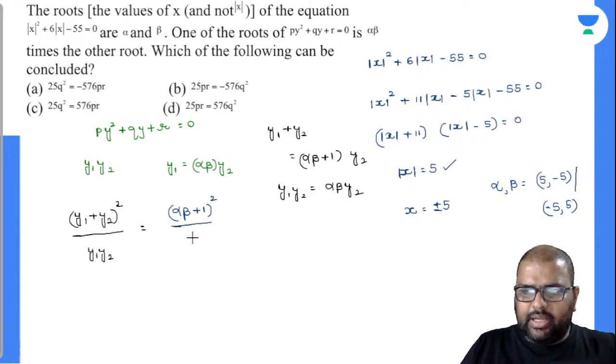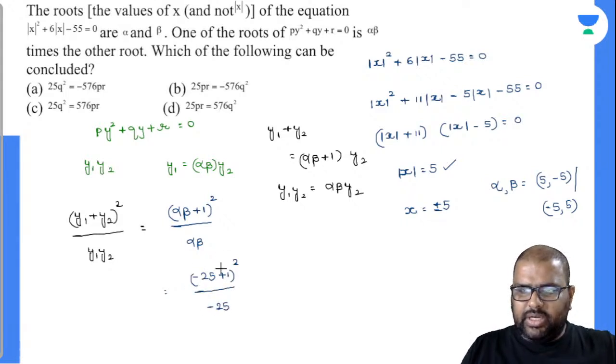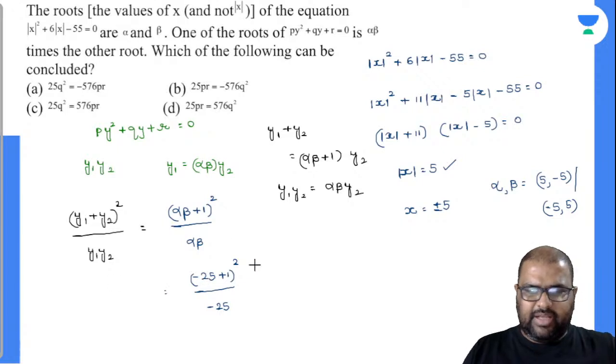Now I'll write directly alpha into beta, and you already know the alpha beta values. Minus 5 into 5 will be minus 25, plus 1 whole square, divided by alpha into beta. Can I write this as minus 25? So minus 25 plus 1 will be minus 24, squared is 576. So closely observe this y1 plus y2.